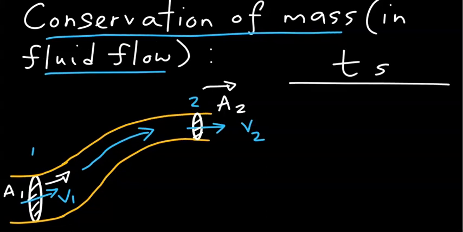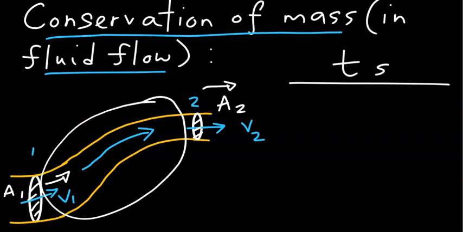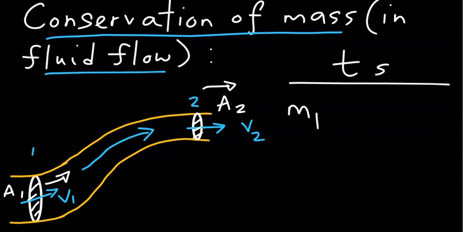Let's assume the mass of fluid that is passing through area A1 into this part of the tube in t seconds is m1. And this m1 equals the density of the fluid times the volume of the fluid that is passing through the region A1 in t seconds. Let's call it capital V1.